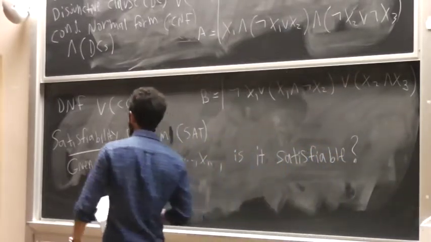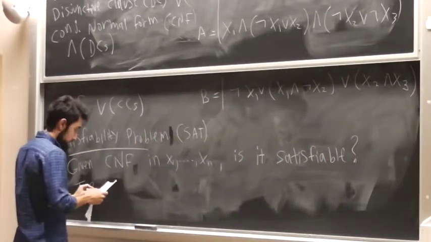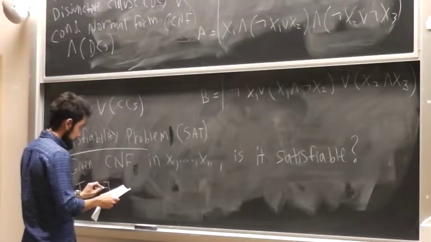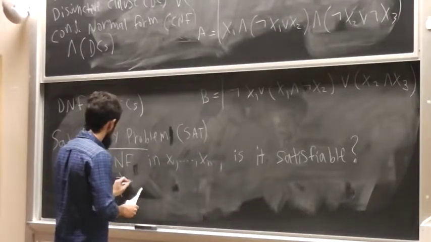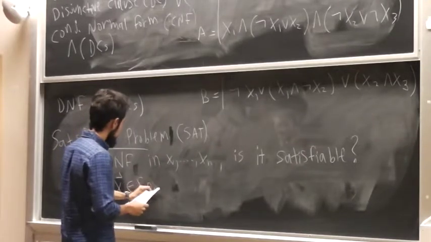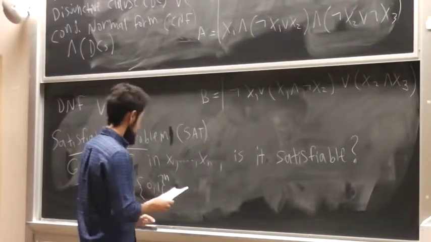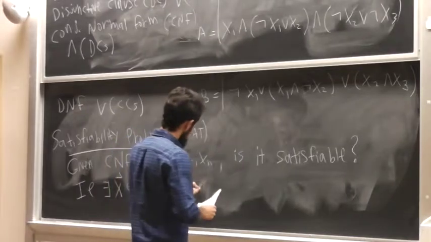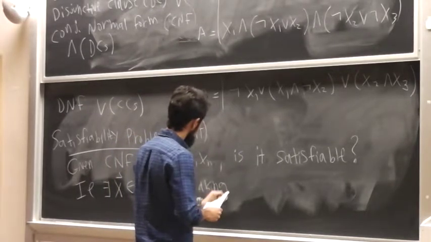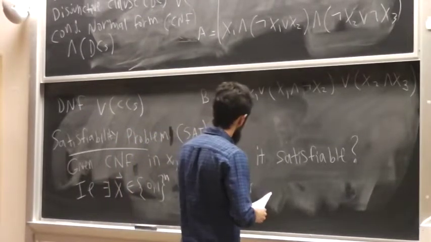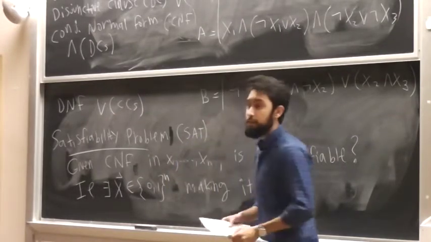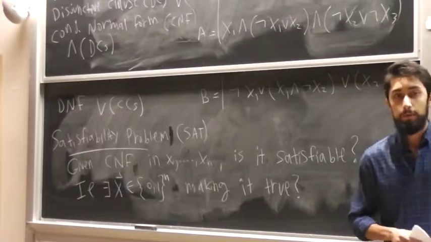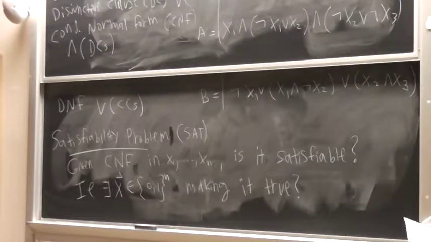In other words, does there exist an assignment to the variables that makes it true? So is there a way to assign true false values to each of those n variables that evaluates to true?